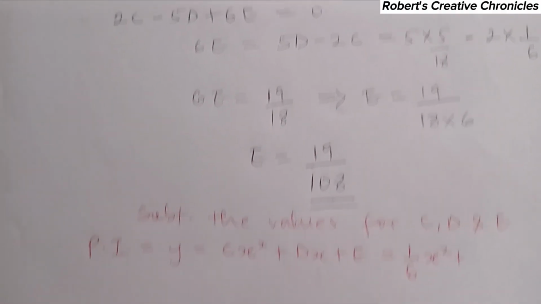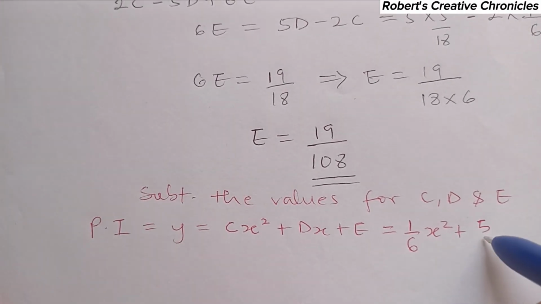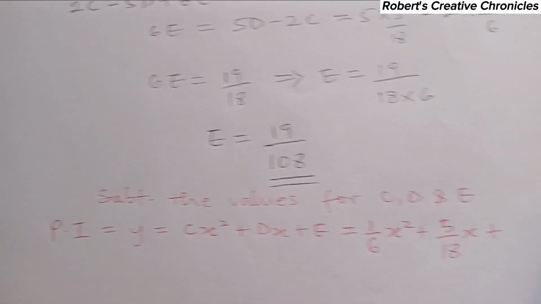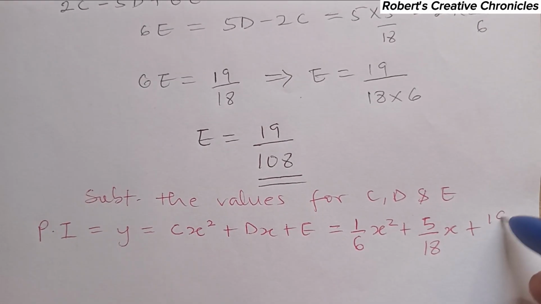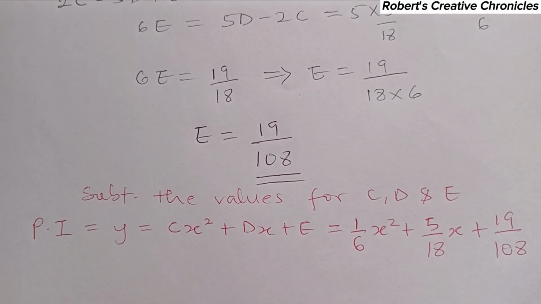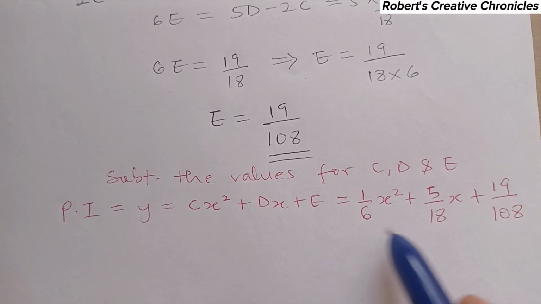D is 5 over 18. So here will be 5 over 18 x plus e, which is 19 over 108. So here is the particular integral.